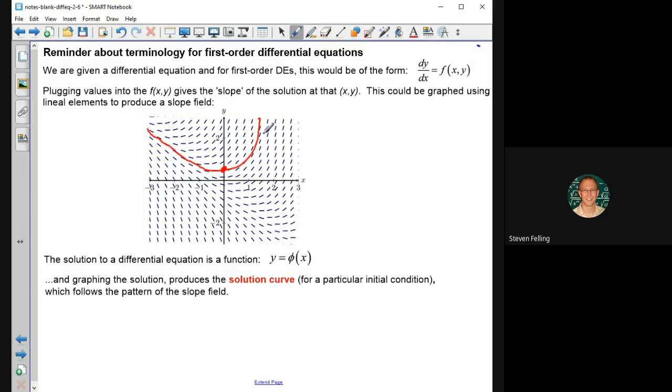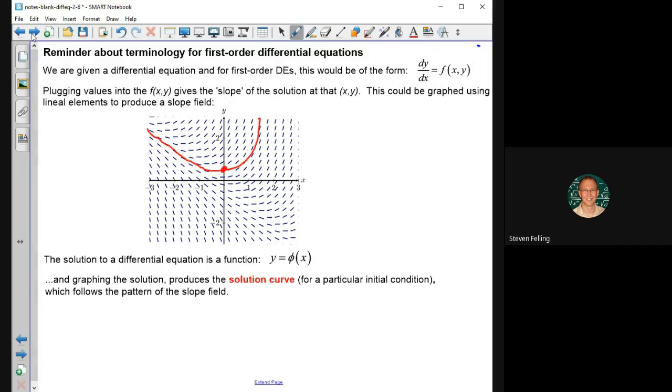And that produces a particular solution, which is one curve in the xy plane here that will follow all the slopes, so that if you plug in the x, y's anywhere along here, you're going to end up getting the derivative of this, so the slopes will match the form in the original differential equation. Okay, that graph produces a solution curve for any particular initial condition.